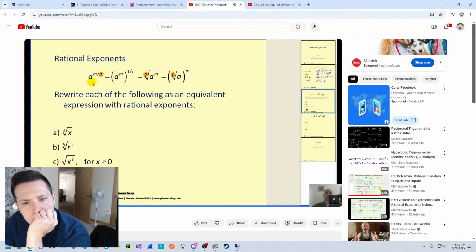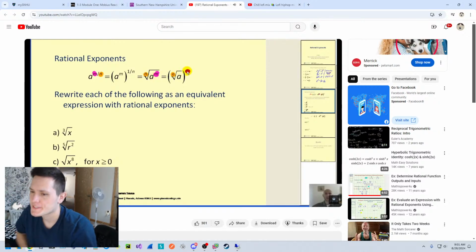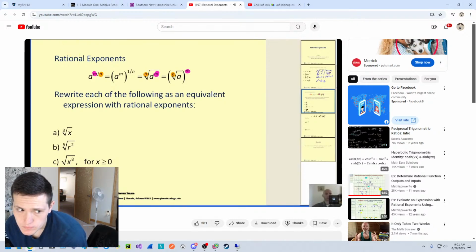So we want to be able to convert rational exponents to radical form. The numerator of the rational exponent would be the exponent. Now notice how the exponent can be underneath the radical sign, or it can be outside the radical sign. Let's take a look at a couple examples.